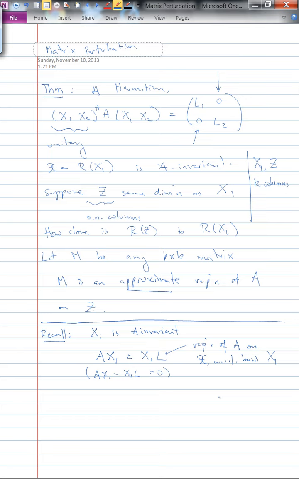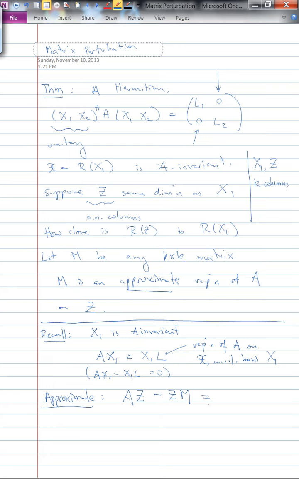Okay, so now let's look at an approximate version of this. An approximate version means that we have A times Z, where Z is taking the place of x1, minus Z times M, where M is taking the place of L here.